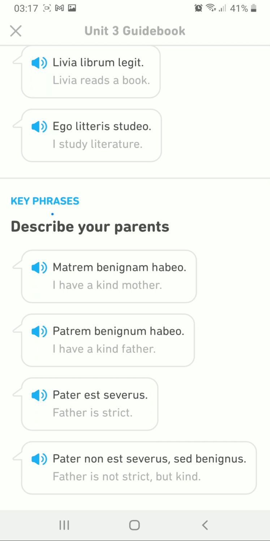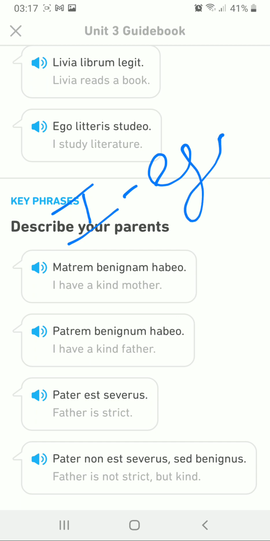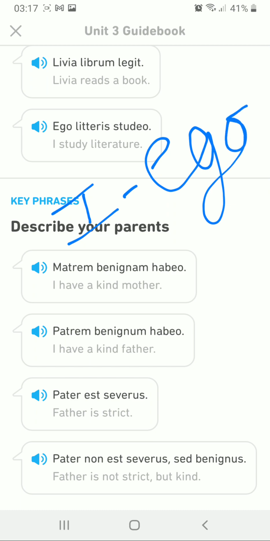So the subject pronoun ego is missing because it's not compulsory. In Latin, you can just write the verb and it is clear enough to understand. So, habeo, what do I have?